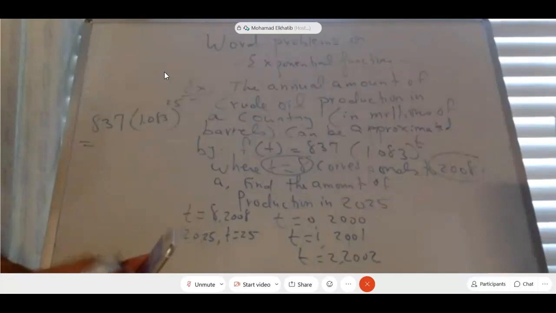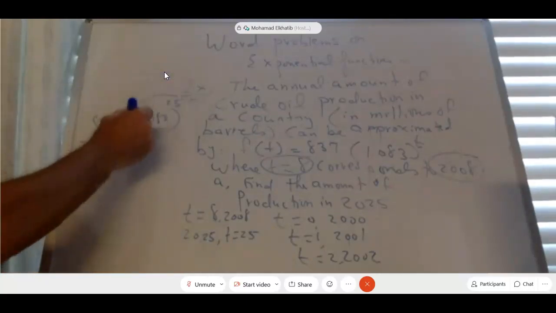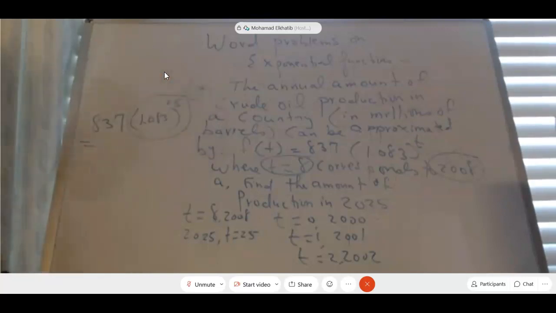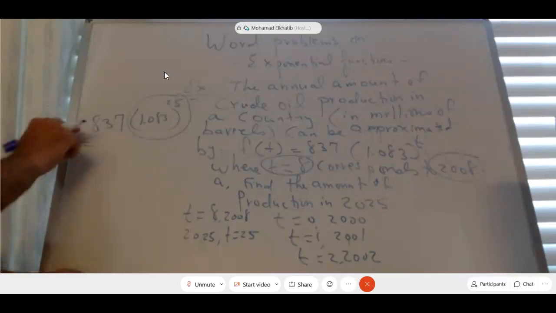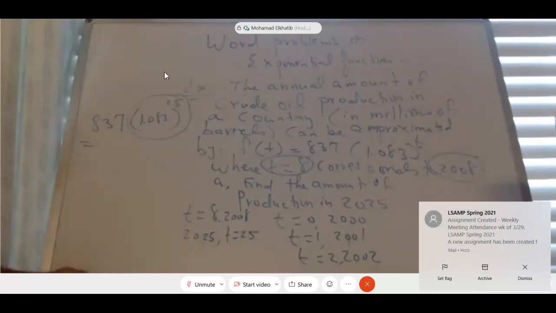I'm going to go to my calculator here. You always do the exponent first. So I'm going to press 1.083 raised to the power 25 equals, then I multiply by 837. So you work backwards.